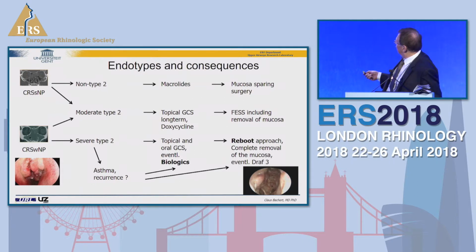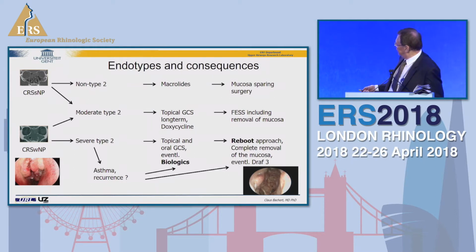The mucosa-sparing surgery, which we learned so beautifully from Heinz Stammberger and others. And here you have more removal of mucosa in those patients with polyps. And then you have this severe type, and I will show you that I'm talking really about severe patients, where topical steroids mostly do not do much. Even if you have opened the sinuses and the medication runs in, it doesn't do much, you may need oral steroids, and we all know the side effects, and there are no harmless doses.